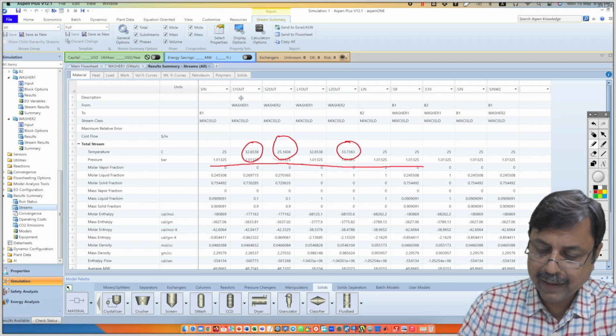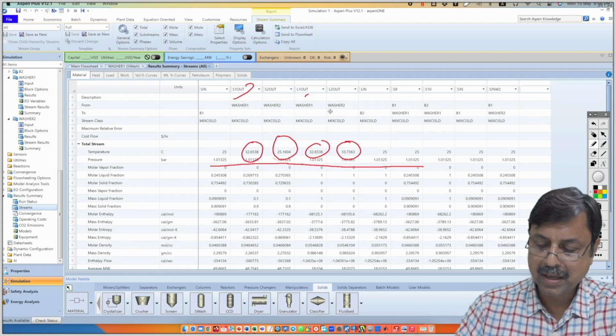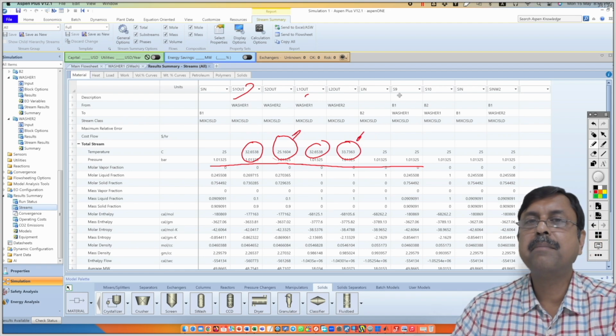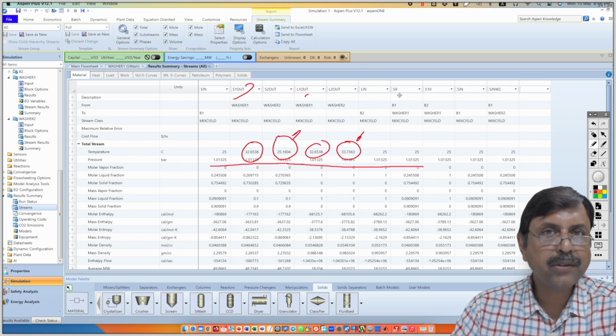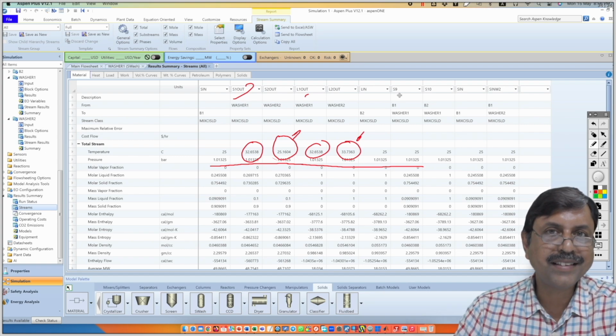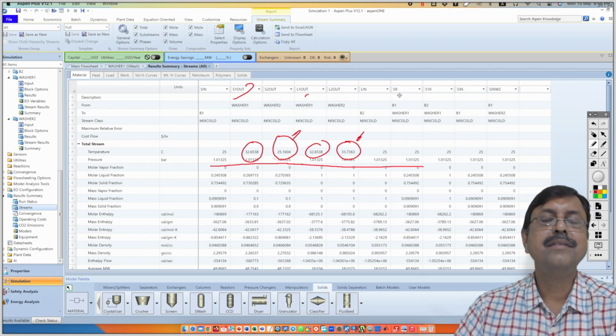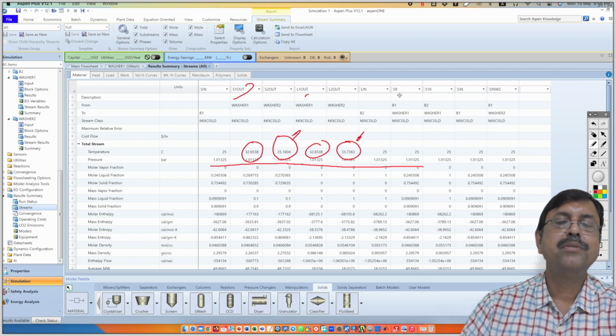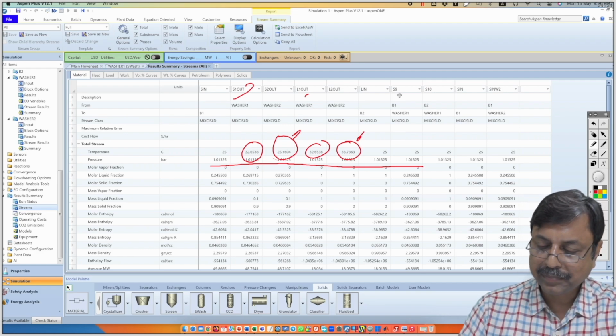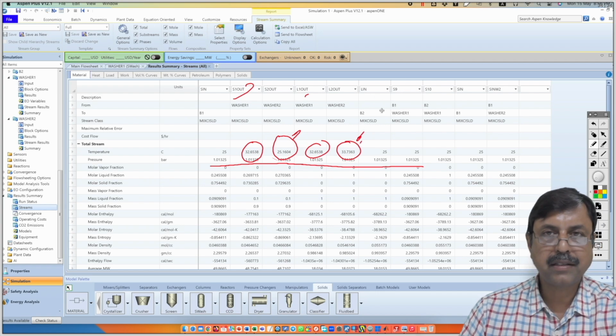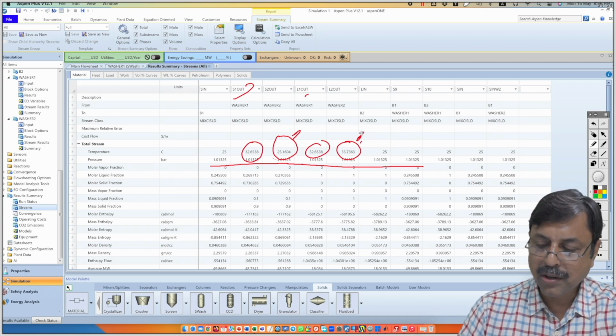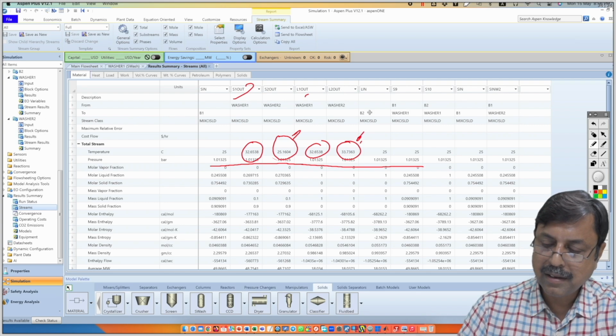In this case, S1 out temperature and L1 out temperature are the same. But in this case, S2 out temperature and L2 out temperature are different, because there are different stages. Remember, it is a 3-stage operation. So in the top stage, the temperature has increased because it is stage 1.